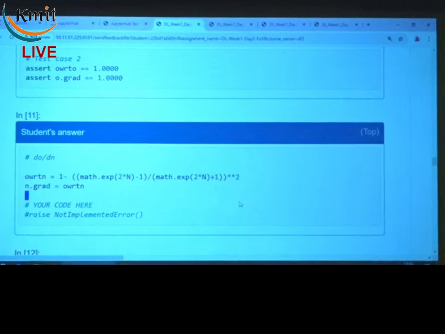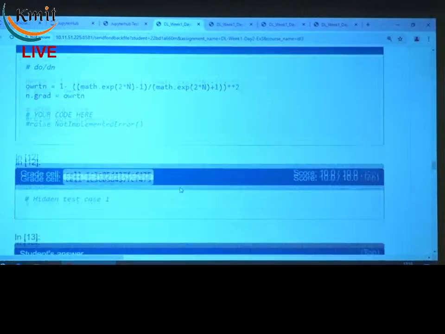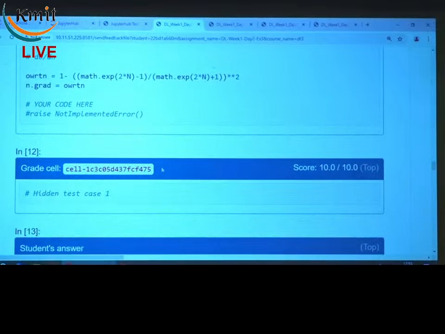Here starts n. This is the way n is computed. What this person has used is the formula for tanh, 1 minus tanh squared. You can also use the other form of tanh. Then you get n.